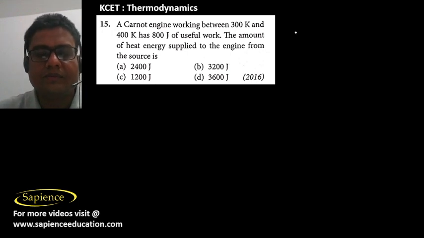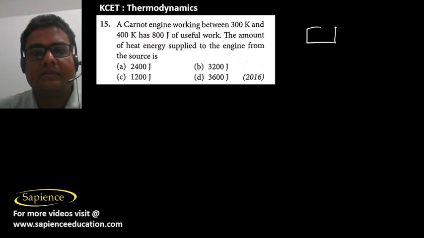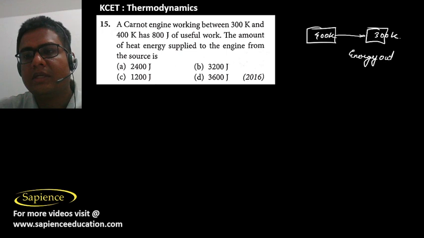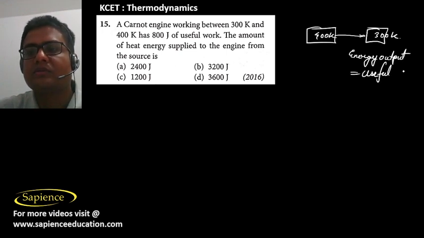Then in question number 15, it is told a Carnot's engine working in between 300 Kelvin and 400 Kelvin. It means the temperature of the source is 400 Kelvin and temperature of the sink is 300 Kelvin, has 800 joule of useful work. So we know that the energy output is actually the useful work done by the Carnot's engine.